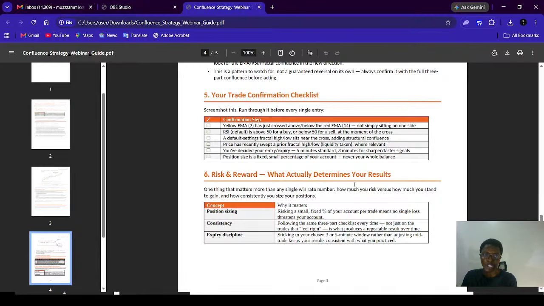And then your position sizing has to be a fixed, small percentage of your account. Don't look at tutorials on YouTube, or at professional traders betting their entire amount in a single trade, and think that you will do the same.